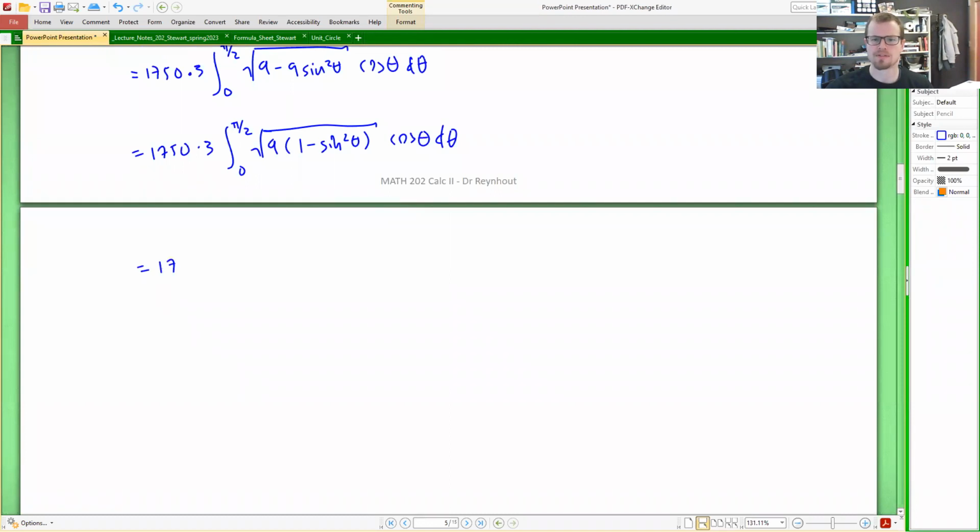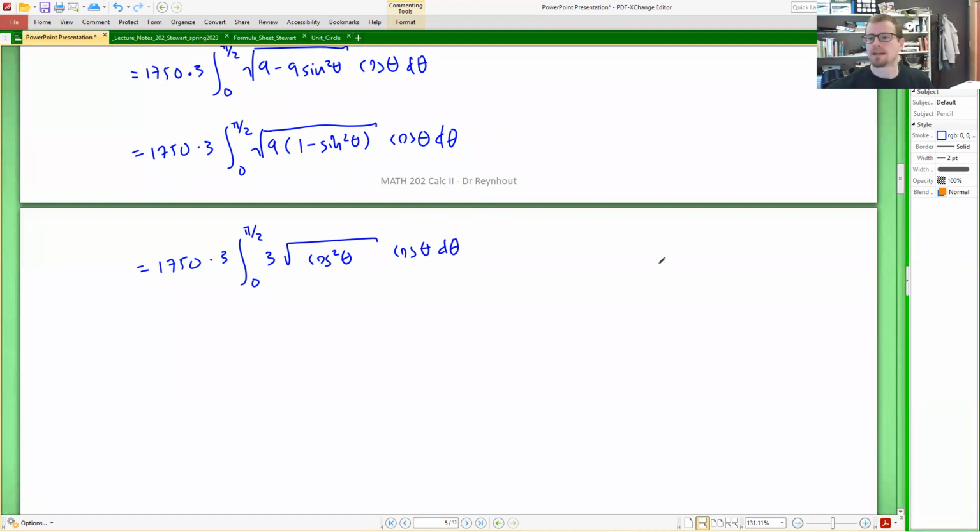I can distribute the square root over multiplication. I can distribute radicals over multiplication, or I can distribute exponents over multiplication. Those are the same thing, so that's okay. Square root of 9 is 3, and then I'm going to take the square root of, in this case, replacing the 1 minus sine squared with cosine squared.